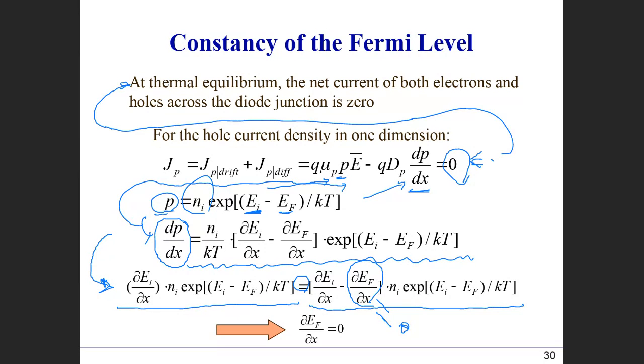At thermal equilibrium, the change of EF with respect to location needs to be 0. In other words, when you draw the energy band diagram at thermal equilibrium, the first step is that EF should be constant throughout the structure. That way we can prove why EF should be constant at thermal equilibrium.